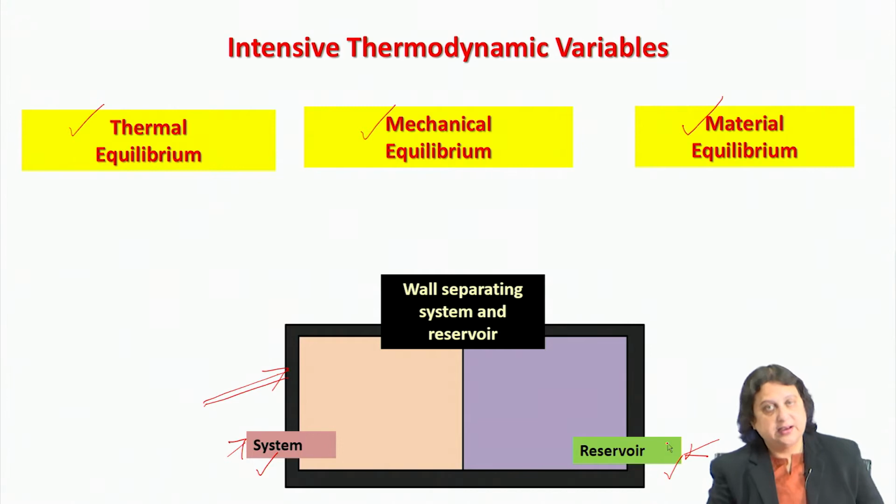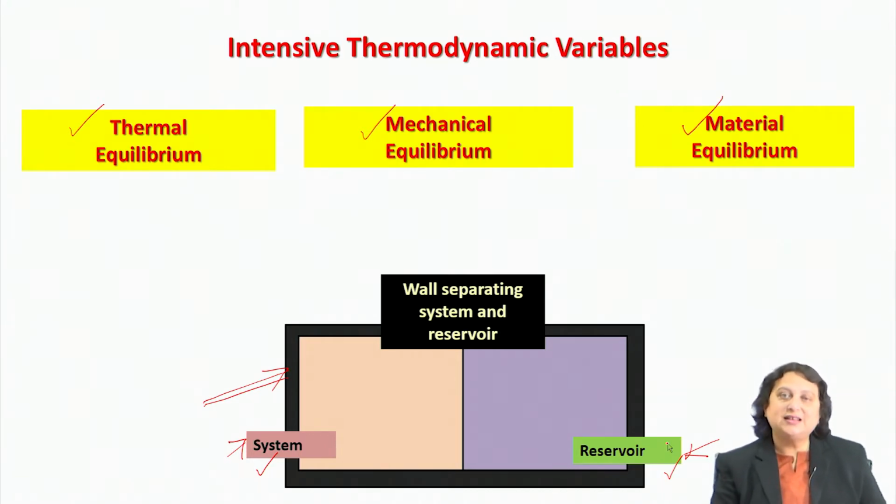So this is a very simple representation of the fact that the universe is isolated, and the system is a part of the universe that I am interested in, and the reservoir is the rest of the universe.